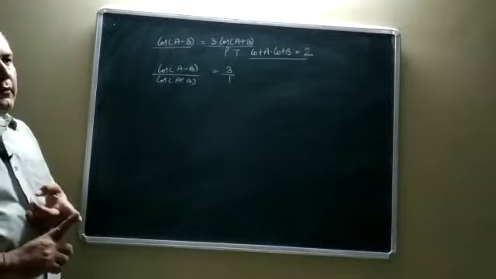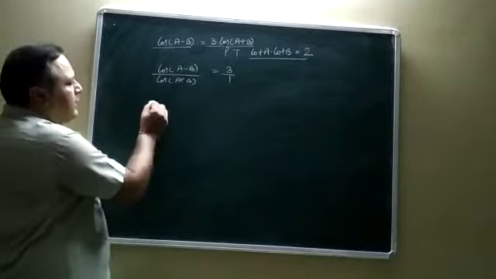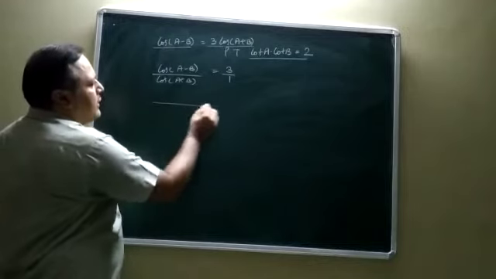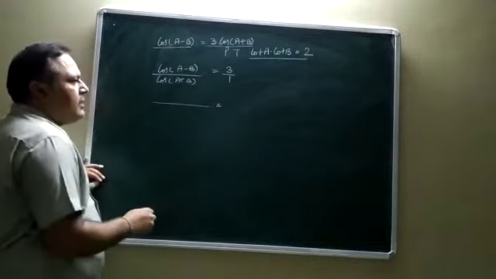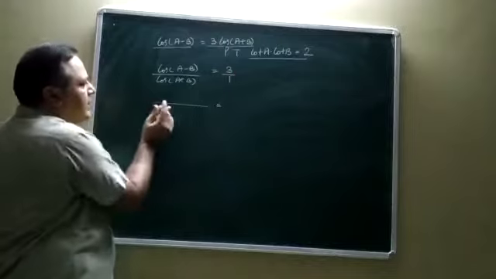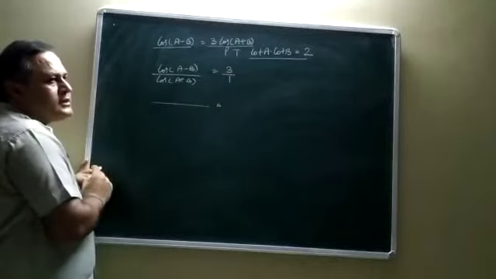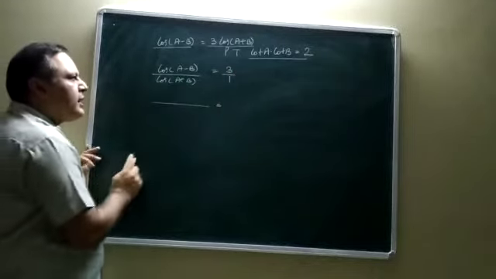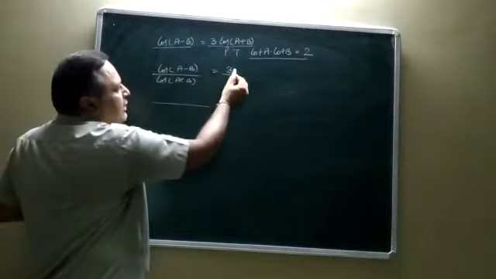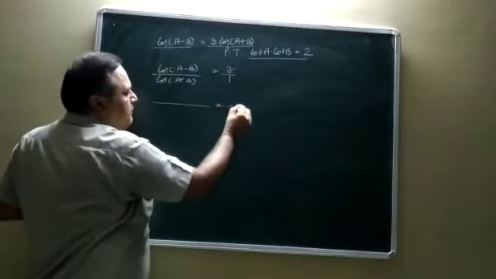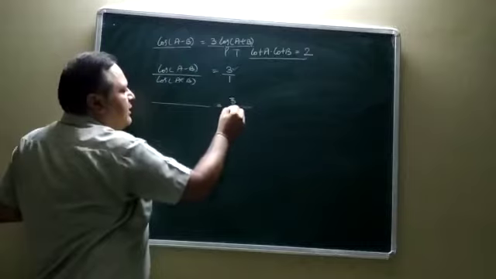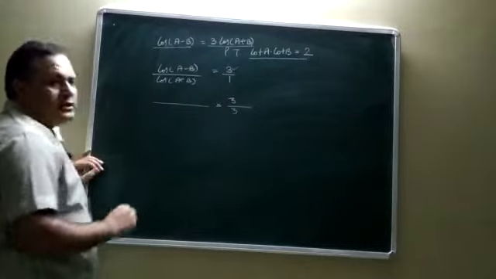See it very carefully. First of all, in case of componendo and dividendo, try to understand it applied on the right hand side. Then it is easy for you to understand how to apply it on the left side. Whatever you have in the numerator, write it in the numerator and in the denominator also.